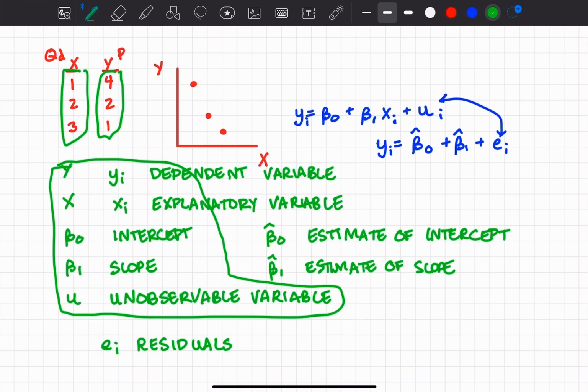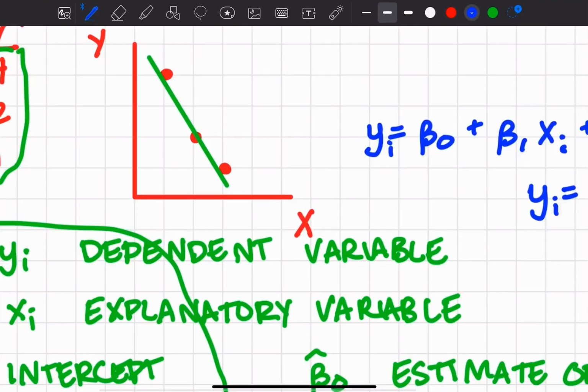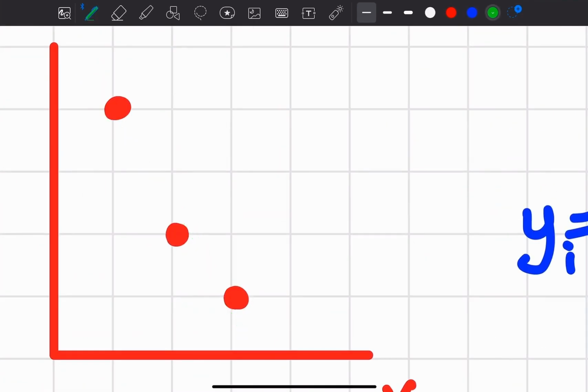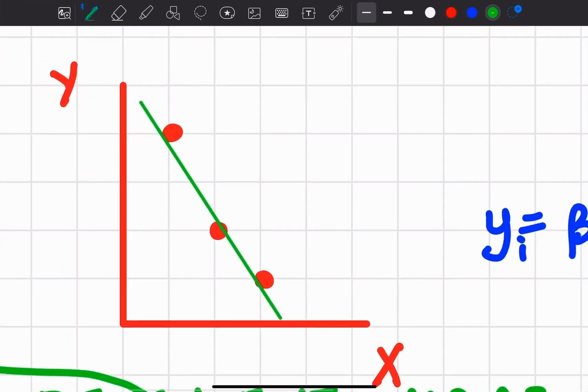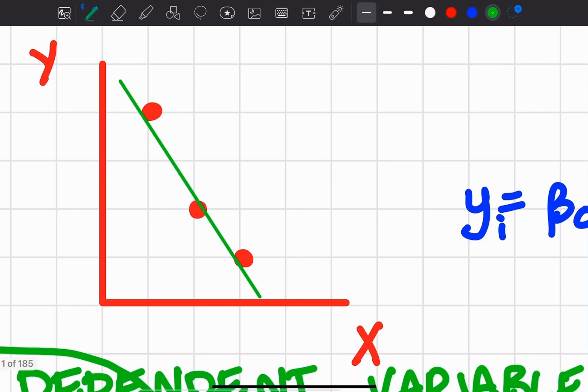When we use OLS to fit this line of best fit, the residuals are manufactured. So the residuals are the vertical distances here, from here to here, here to here, and here to here.